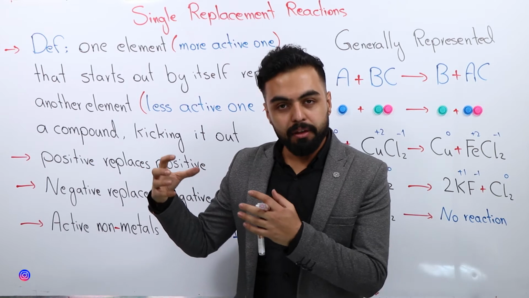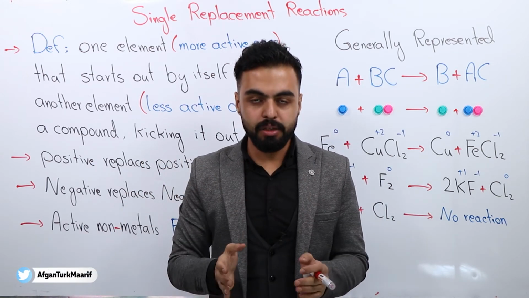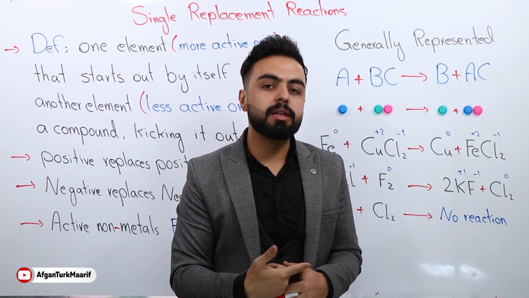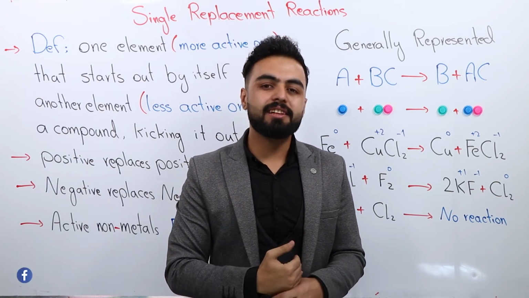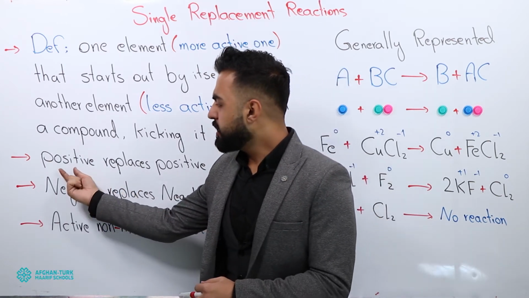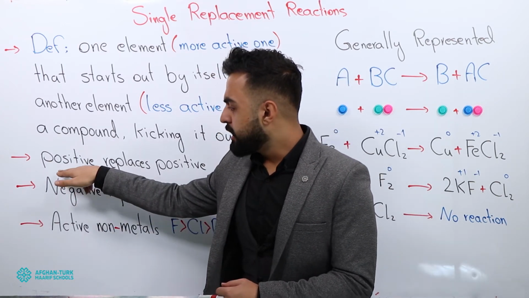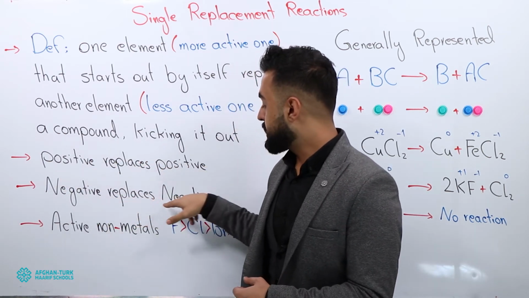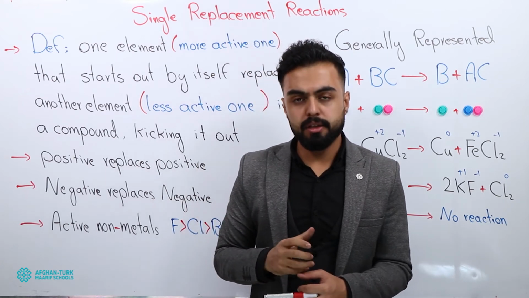So we have an element in a compound. One of the elements comes and replaces the other element which is less active in the compound. Here are some points. The positive replaces the positive, and the negative replaces the negative. What does it mean?